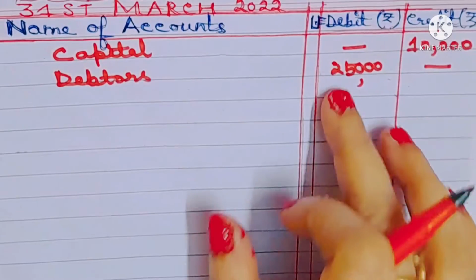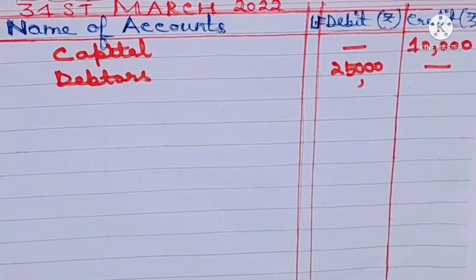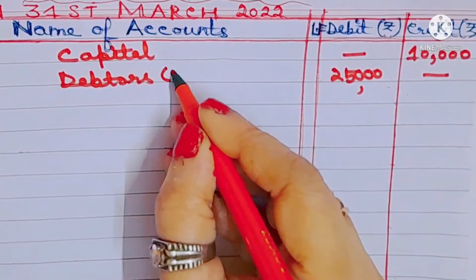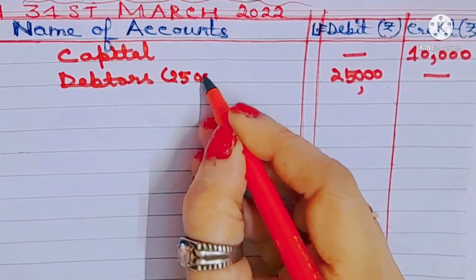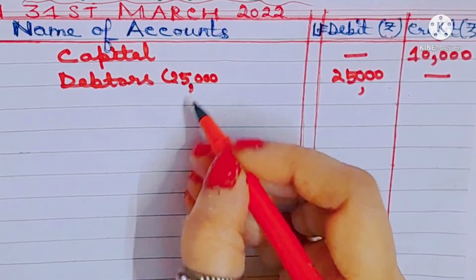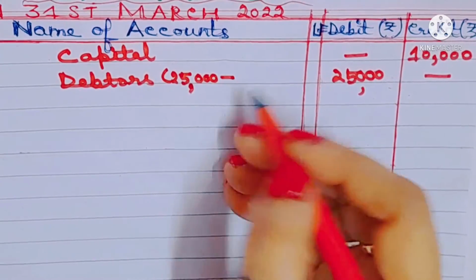Okay, by mistake we have written 25,000. We cannot write 25,000, so we'll first adjust. So we'll first write in a bracket 25,000.